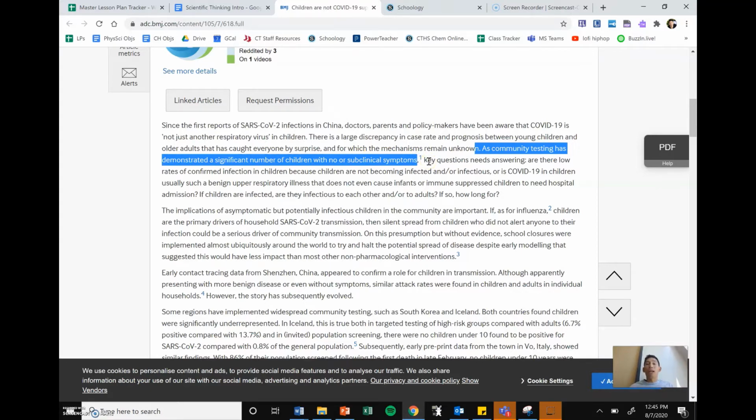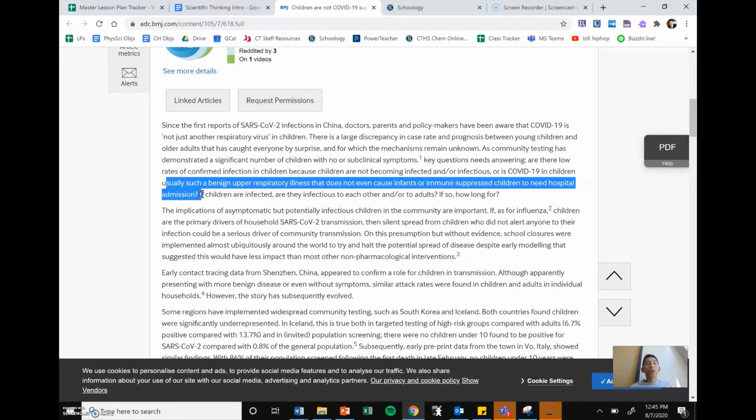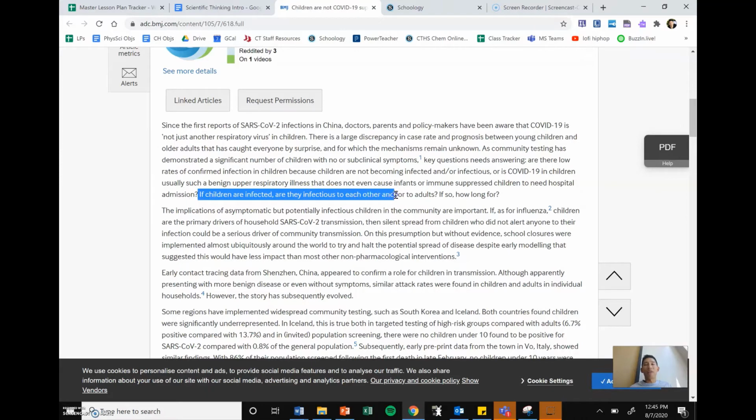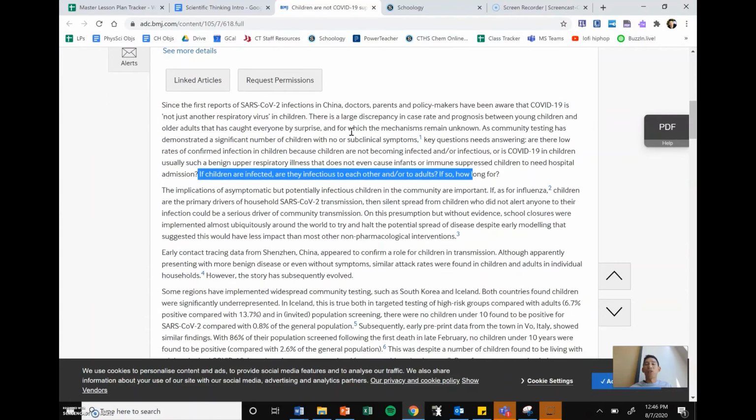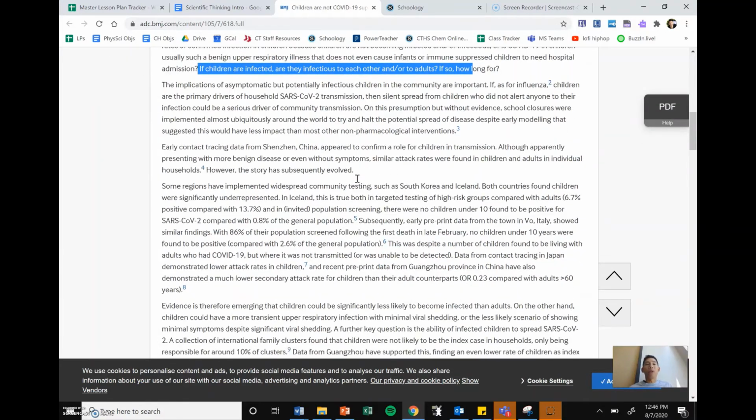Are there low rates of confirmed infection in children because children are not becoming infected and/or infectious, or is COVID-19 in children usually such a benign upper respiratory illness that it does not even cause infants or immune-suppressed children to need hospital admission? If children are infected, are they infectious to each other or to adults? If so, for how long? So this article is getting at the question about how infectious children are and how liable they are to get it.